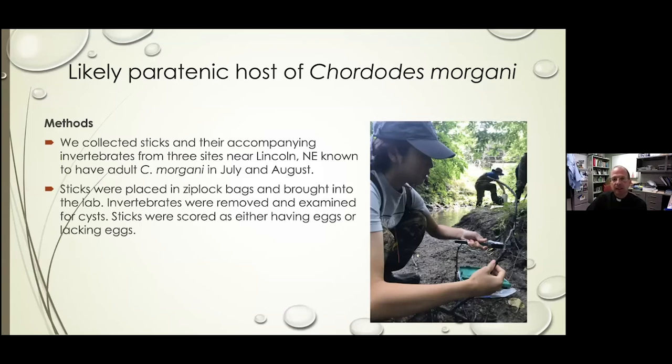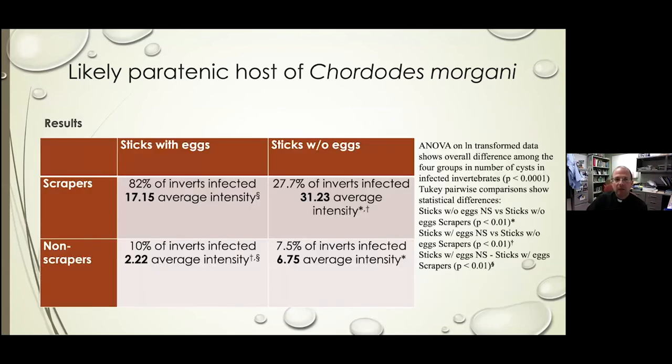Went out, collected these sticks, brought them into the lab, scored them as having eggs or lacking eggs. And it was consistent here. 82% of the scraper invertebrates found on sticks with eggs were infected.